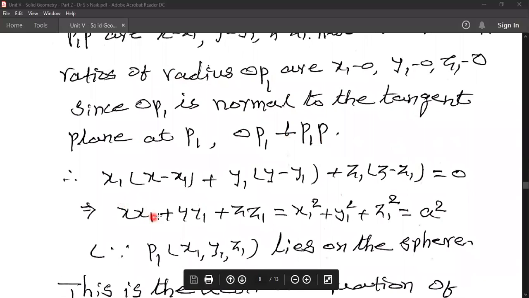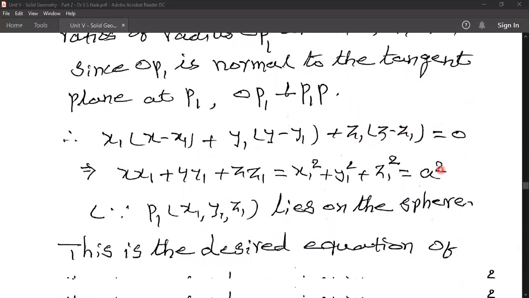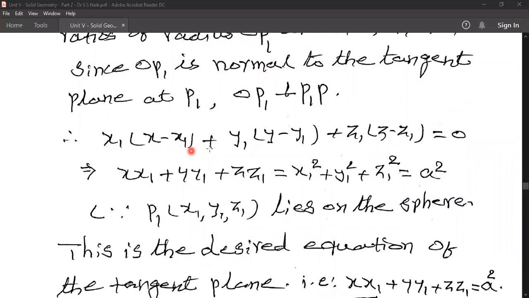Therefore, x1(x minus x1) plus y1(y minus y1) plus z1(z minus z1) must be equal to 0. When you simplify this equation, you get x x1 plus y y1 plus z z1, and the x1 square terms are taken to the right hand side, becoming x1 square plus y1 square plus z1 square.